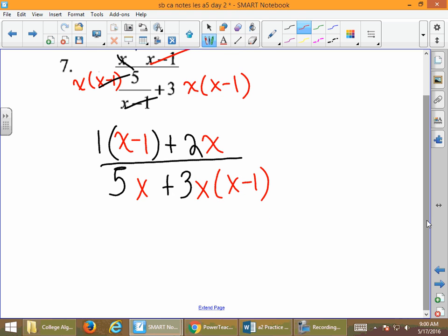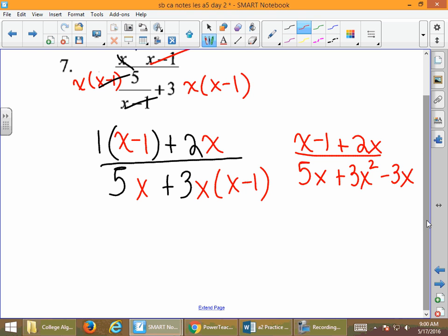As we simplify then, we end up with x minus 1 plus 2x, and you may have already written the 3x minus 1. Down here in the denominator, we have 5x plus 3x squared minus 3x.